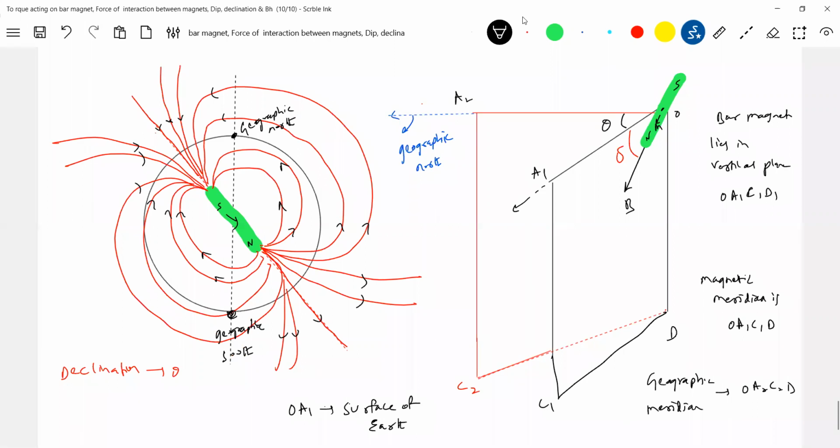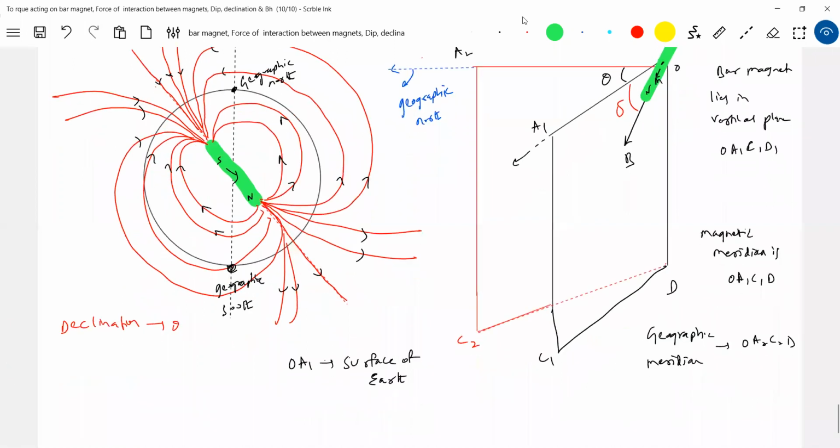What is the dip? Already you know that. You can see from here how B bar will be at this particular point. This bar magnet will be along OD here. At the magnetic equator, the bar magnet will be along OA1. So what is OD? OD is perpendicular to the surface of the earth, or normal to the surface of the earth.